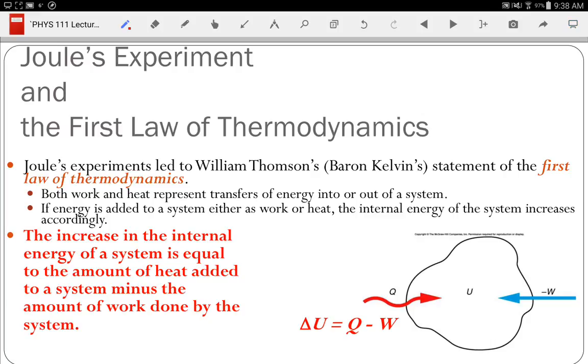Now, to write this out as an equation, because we love to write equations in physics, you've learned that, right? We say, okay, let's talk about the internal energy of something. We'll call the symbol U the internal energy.